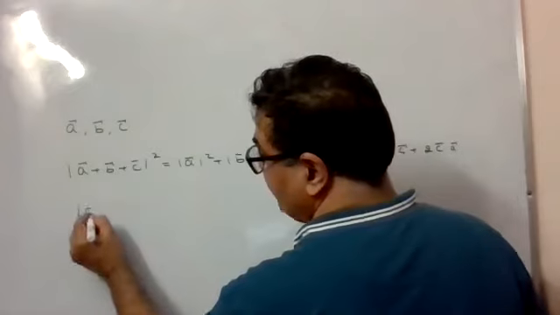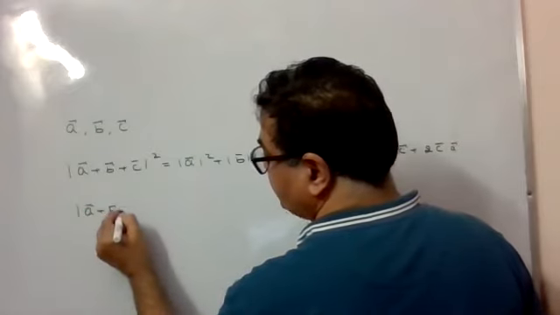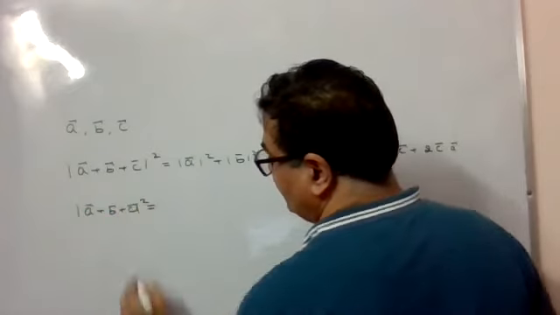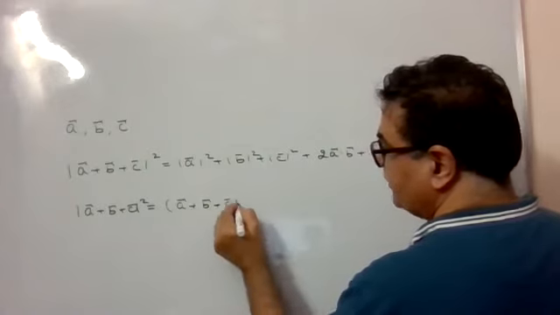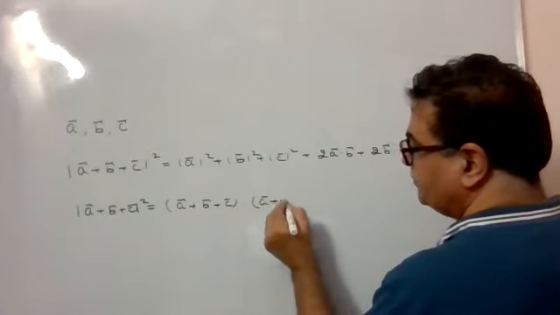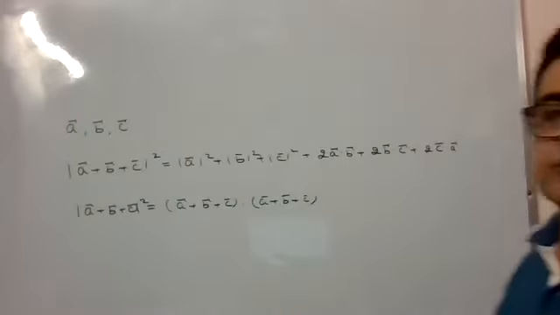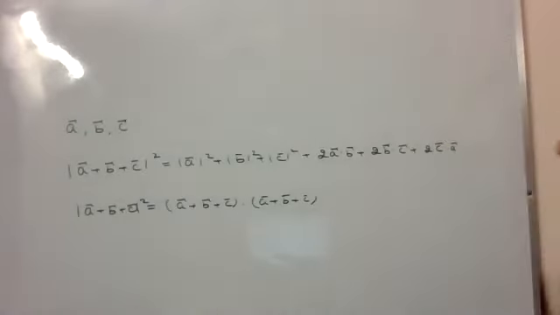I can write this as magnitude of A plus B plus C whole square equals, as it says square, A plus B plus C dot A plus B plus C. Magnitude of A square is A dot A; we have done this property.